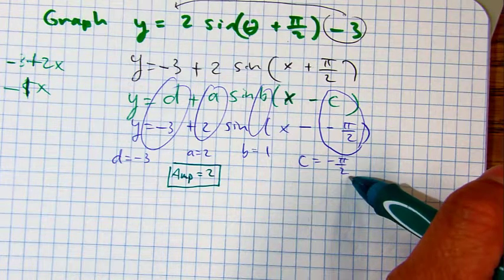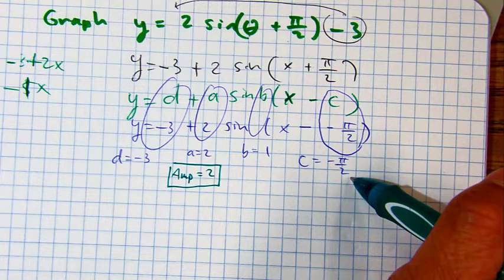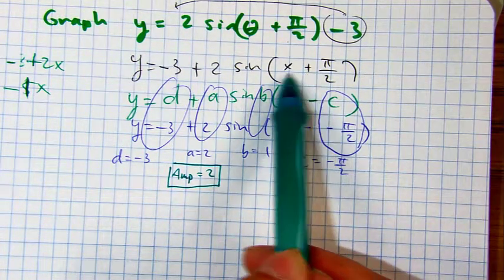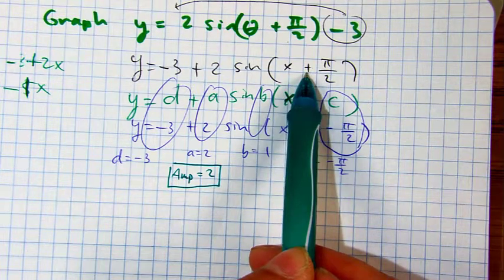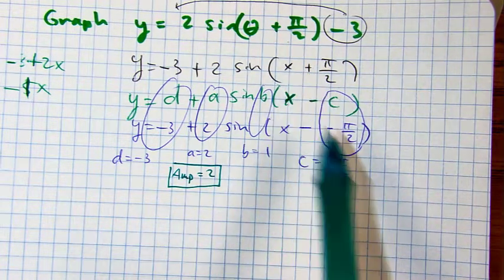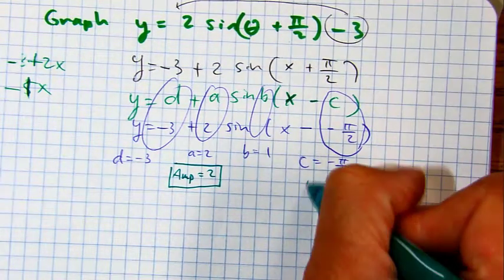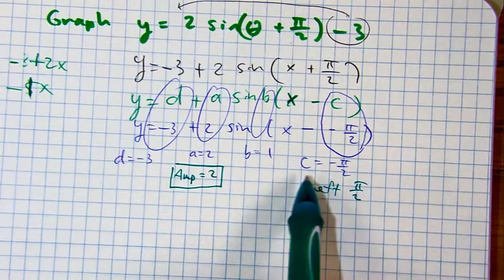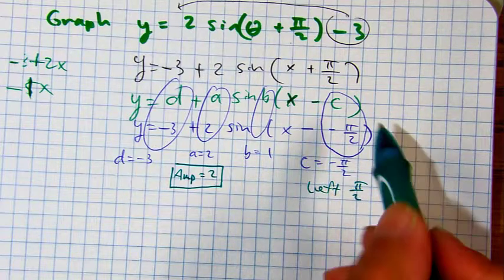Why did you choose left? You can also think of it as what? Adding to x, go left. So this is left pi over 2. Remember, if you're using the formula, if your C value is less than 0, you're going left.